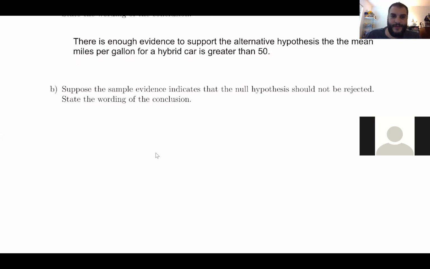All right, so let's do B. If you look at B, it says, suppose the sample evidence indicates the null hypothesis should not be rejected. So in this case, we're not rejecting the null hypothesis, meaning the null hypothesis is correct.